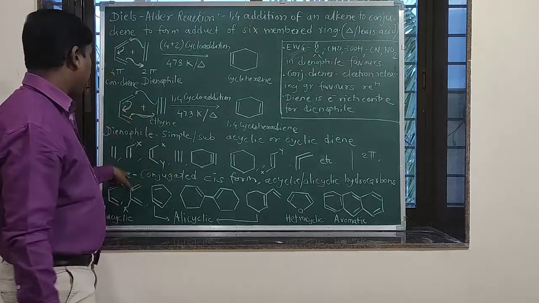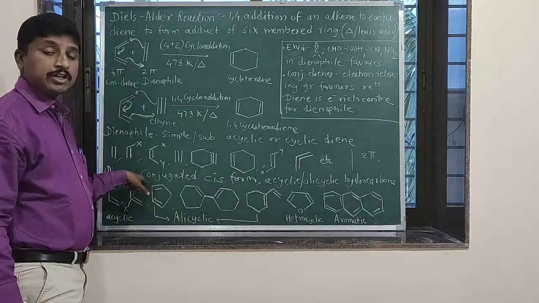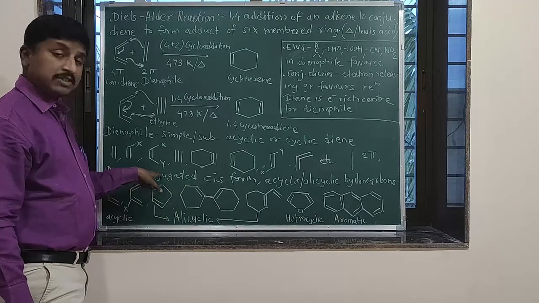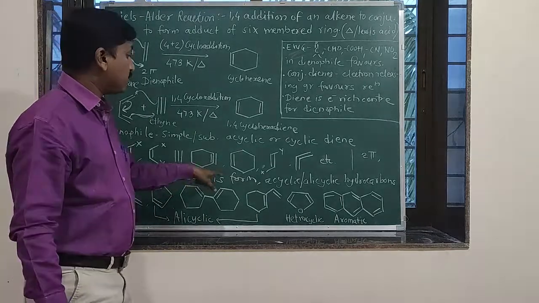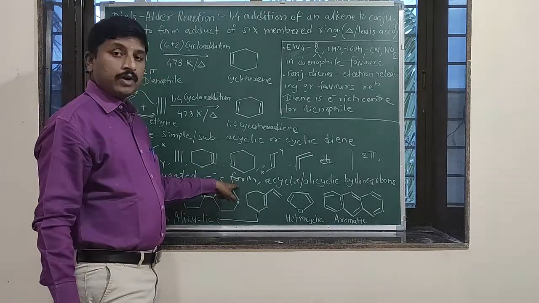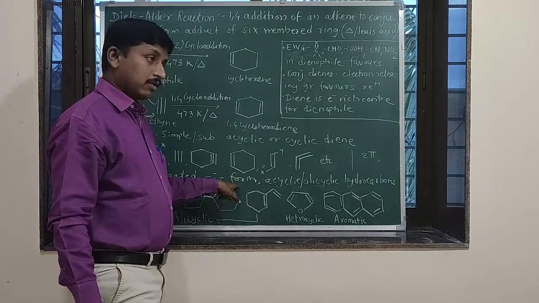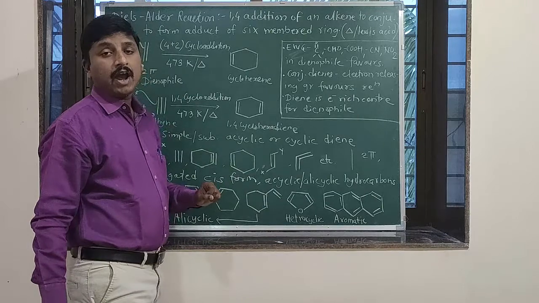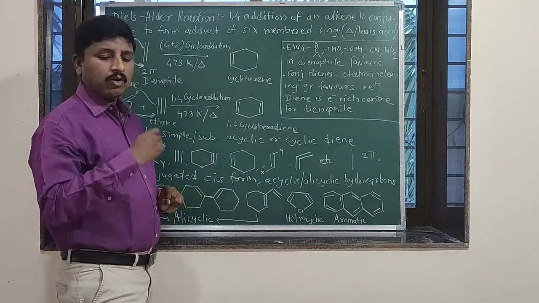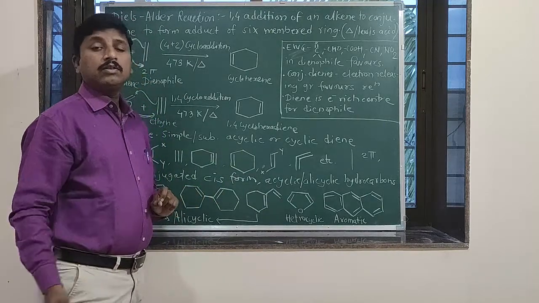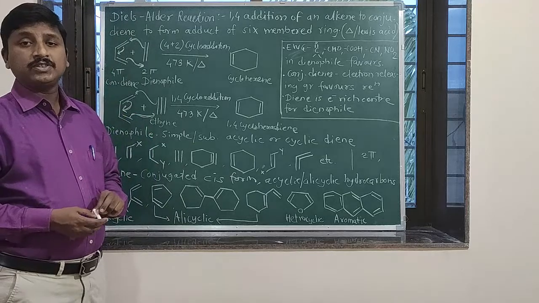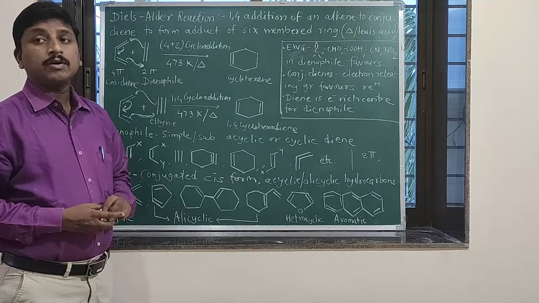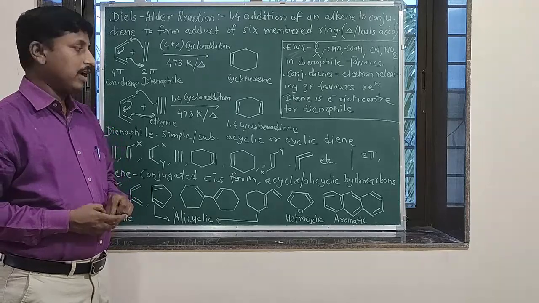Next component, the diene, that is a conjugated diene. It must be conjugated and it must be in cis form, and a conjugated diene may involve a cyclic or alicyclic hydrocarbon. In the case of an alicyclic hydrocarbon, the double bonds may be partially or wholly part of the ring.